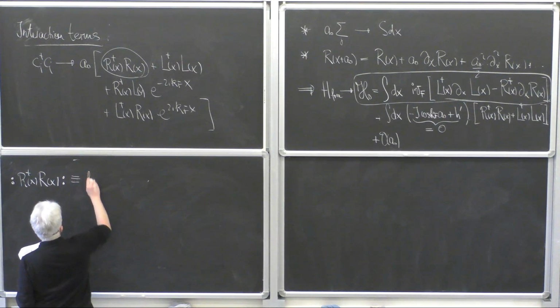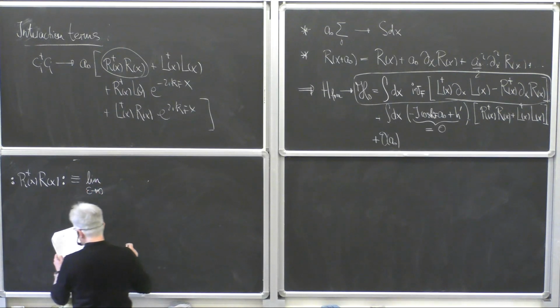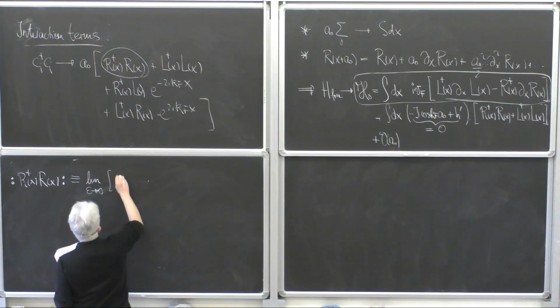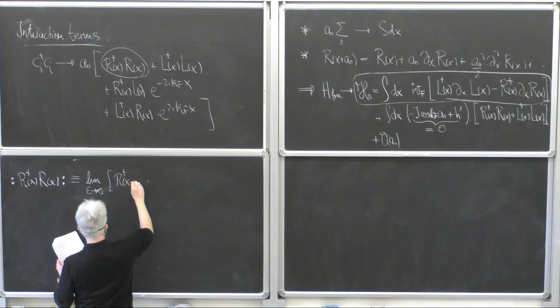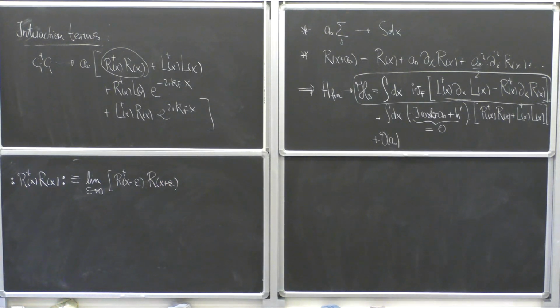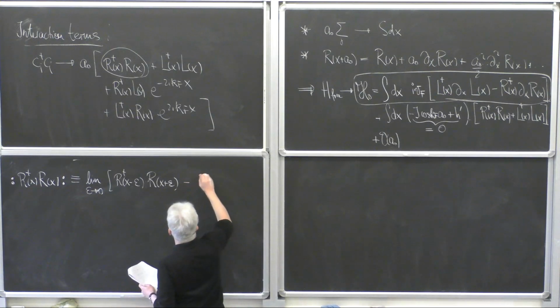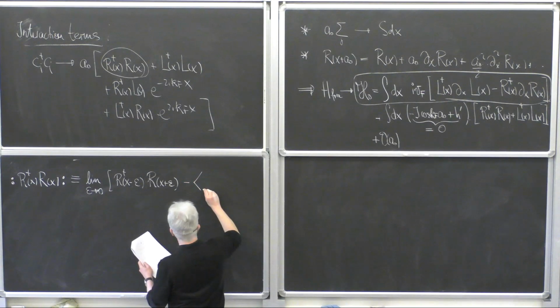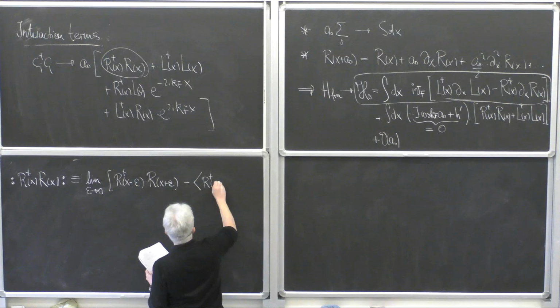This is defined as the limit epsilon goes to 0 of a point-split expression. I assume you have seen this before in your basic quantum field theory course. Whenever you have two operators at the same point, you have to point split them, and then subtract the ground state expectation value.